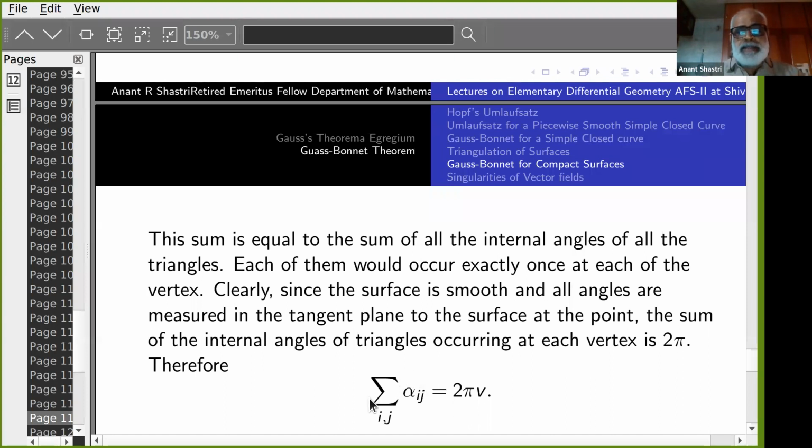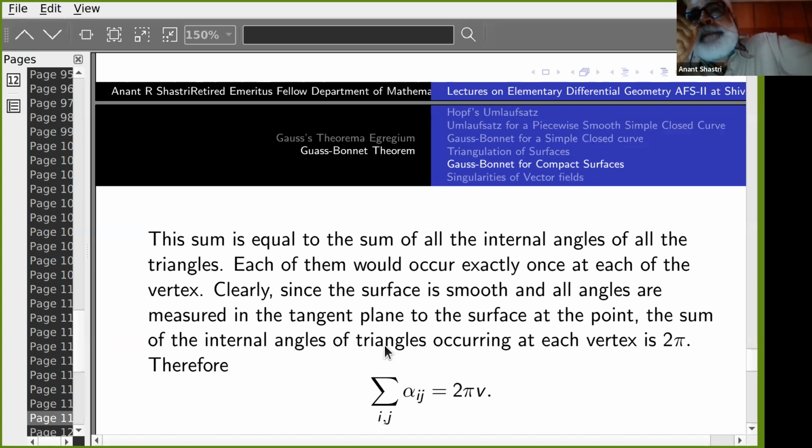Namely, this summation alpha ij is nothing but, at each vertex, you have to look at all the angles. But where are the angles measured? Remember, when you take the internal angles, external angles, etc., they are the angles subtended by the tangents, and they are measured in the plane which is tangential to the surface. So they are all plane figures.